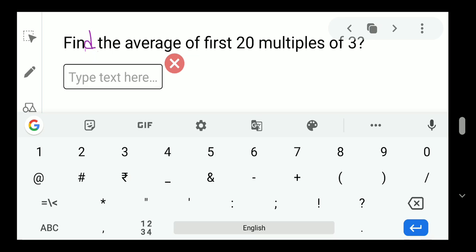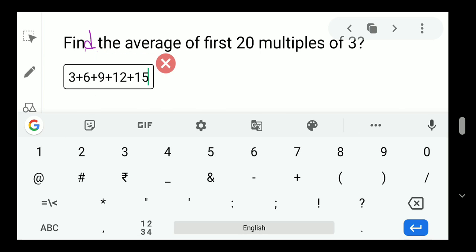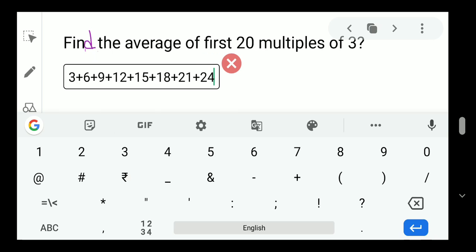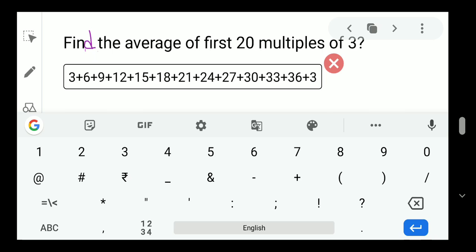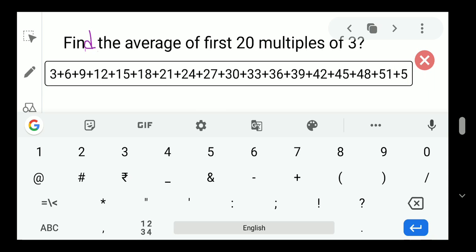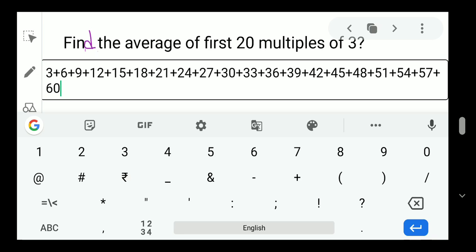Starting from 3 ones are 3, plus 3 twos are 6, plus 3 threes are 9, plus 3 fours are 12, 3 fives are 15, 3 sixes are 18, 3 sevens are 21, 3 eights are 24, 3 nines are 27, 3 tens are 30, then 33, 36, 39, 42, 45, 48, 51, 54, 57 and 60.